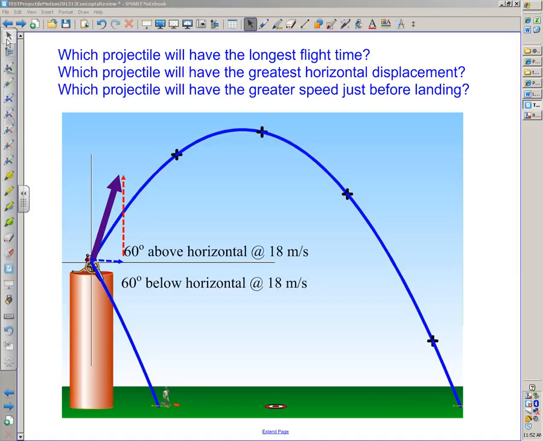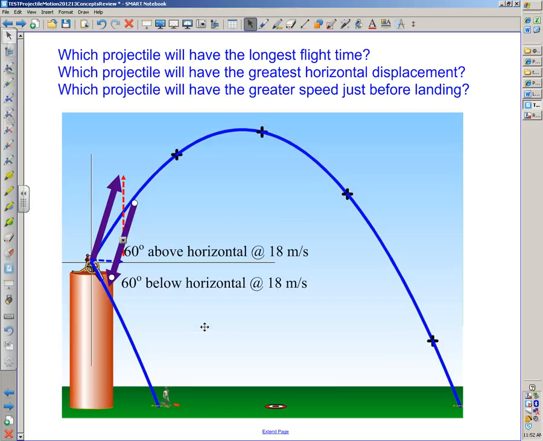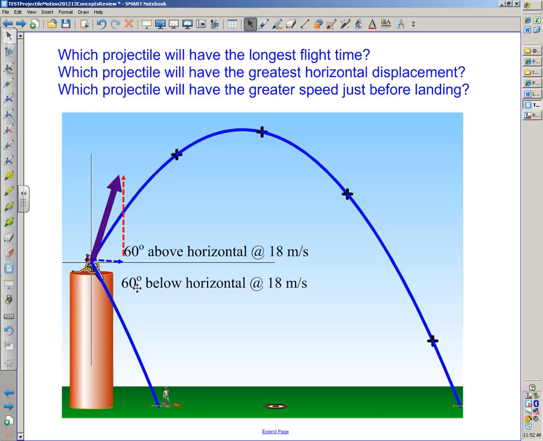But this one also gets thrown downward, at the same angle that this object was thrown upward.